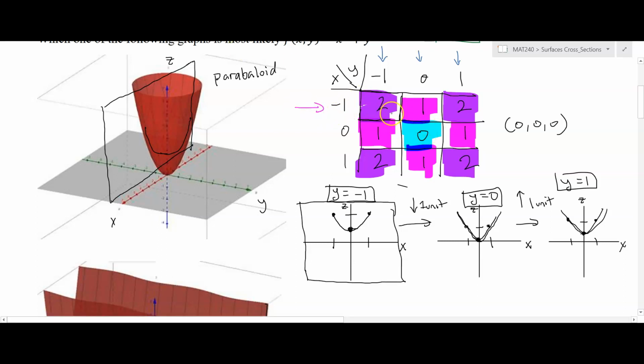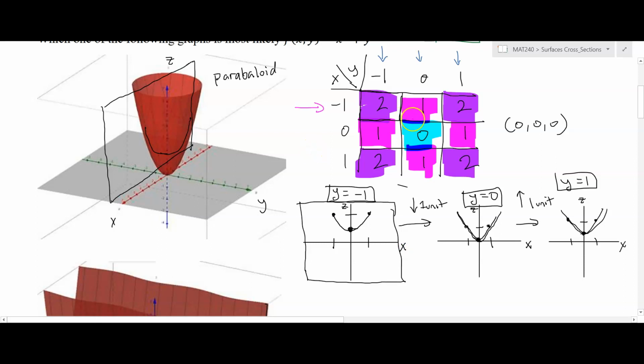I'm sorry, when y is -1, z is 2. So instead of labeling this z and x, we would label this z versus y when x is set to -1. So we actually get the exact same graph by holding a value of x constant and altering the value of y.